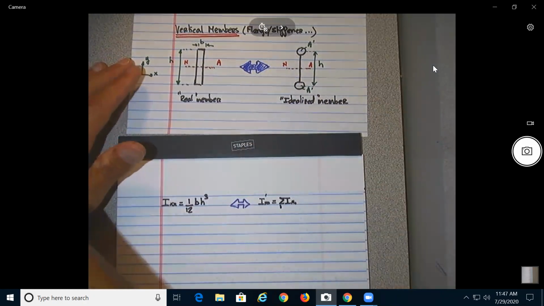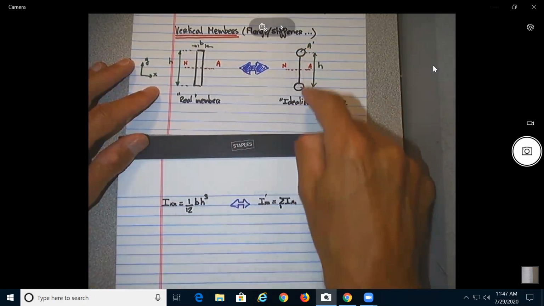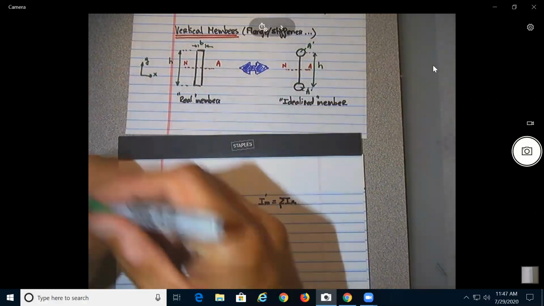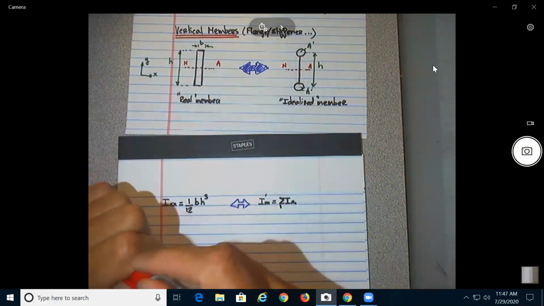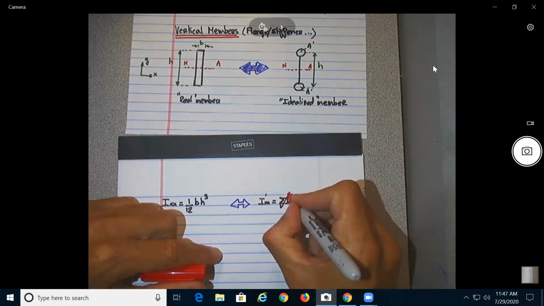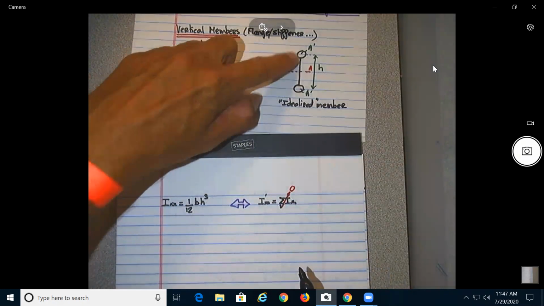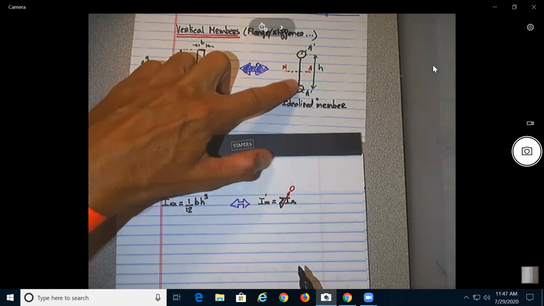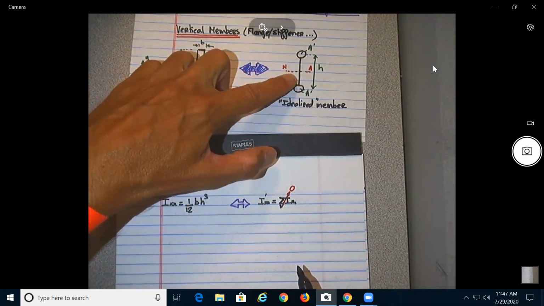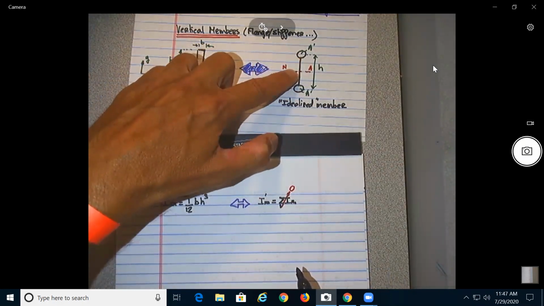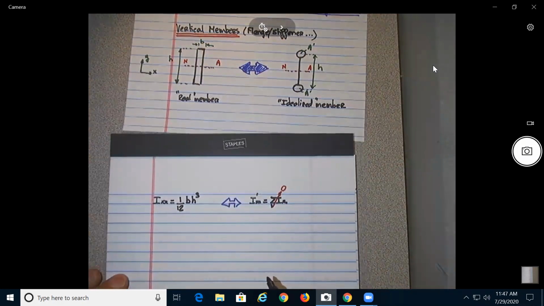The moment of inertia of these two about the neutral axis is 0, okay? But now, these two areas A prime are not centered on the neutral axis. So we need to use the parallel axis theorem to move them from here to here, no? Okay? So that would be what?